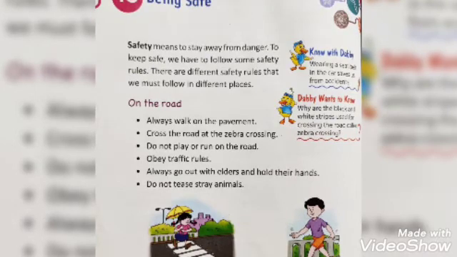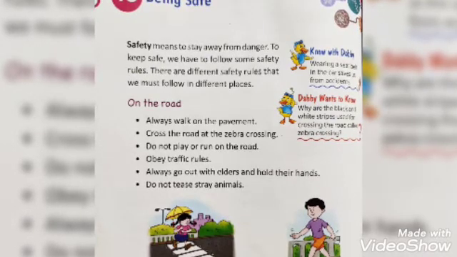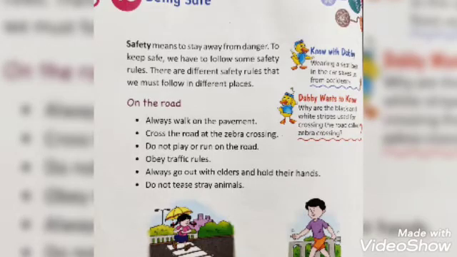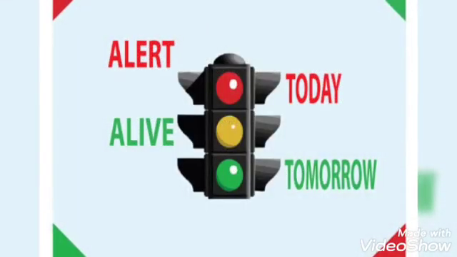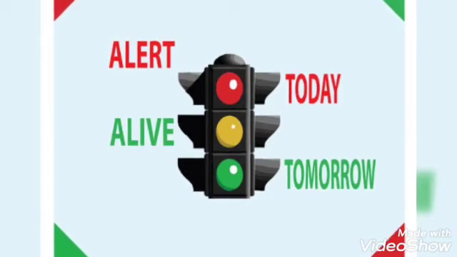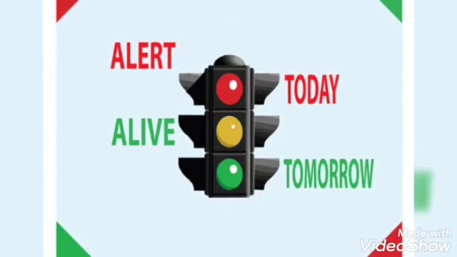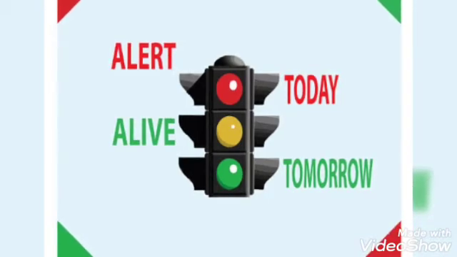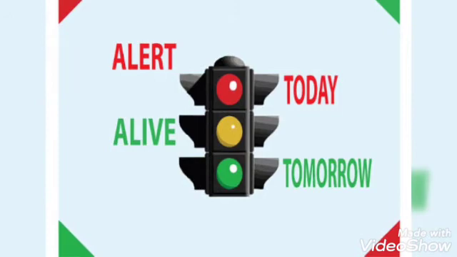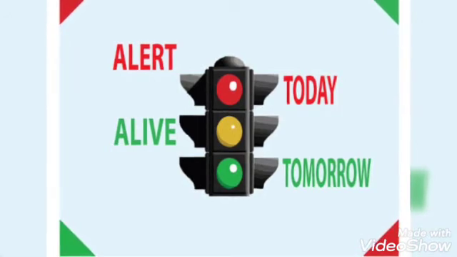Okay? So always remember that these 3 lights tell us about the instructions which we must follow while we are on the road. Red light says to stop, yellow light says to wait, and green light says to go.